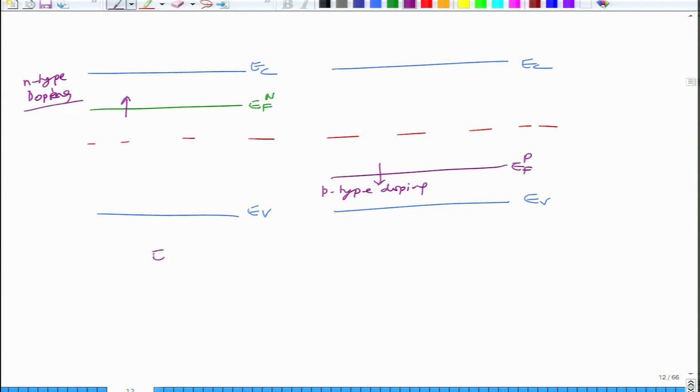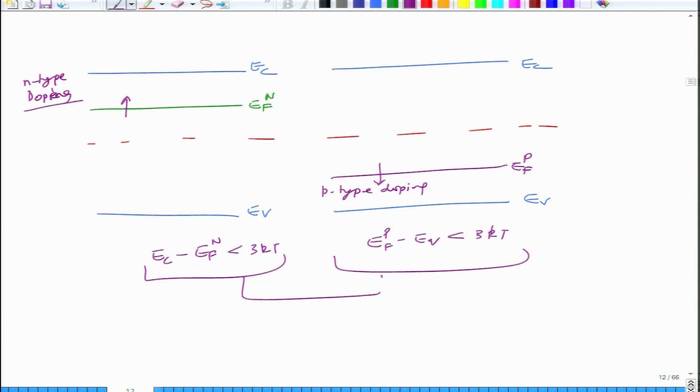So when the difference between EC and EFN is less than 3 kT, or when the difference between EFP and EV is less than 3 kT, then they tend to become what we call degenerate semiconductors, or more like a metallic behavior. They become more and more conducting. So you will see in certain circumstances N type is heavily doped, P type is heavily doped, which means their Fermi levels are very close to the conduction band or valence band.